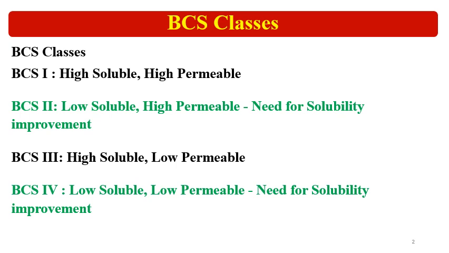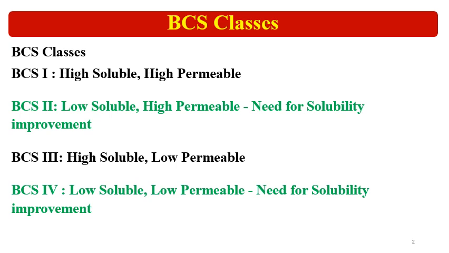BCS 1 and 3 are the categories in which the drug substances have high solubility, while BCS class 2 and 4 have the low solubility. The solubility enhancement is done for drugs which belong to BCS class 2 and 4.